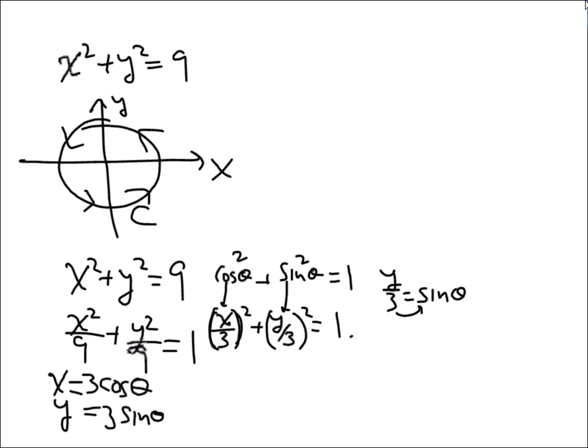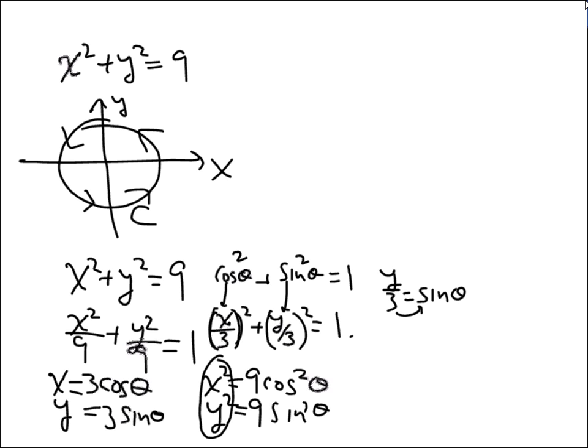And it works out. Now if x is 3 cosine theta, then x squared will be 9 cosine squared theta. And y squared would be 9 sine squared theta. When you add the left-hand sides, you get x squared plus y squared.